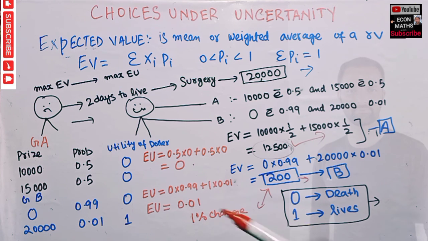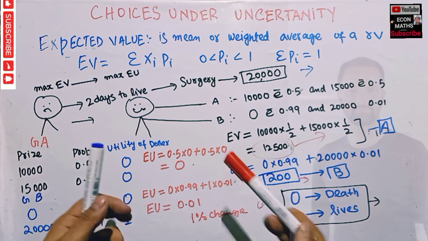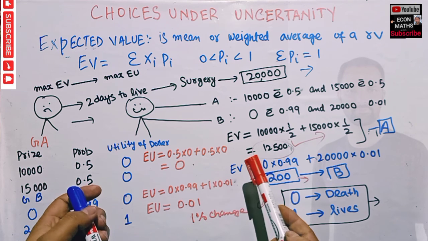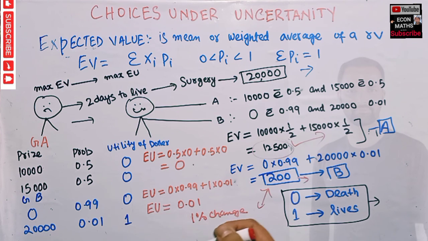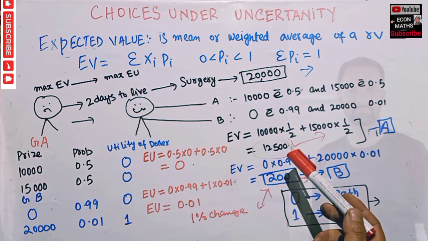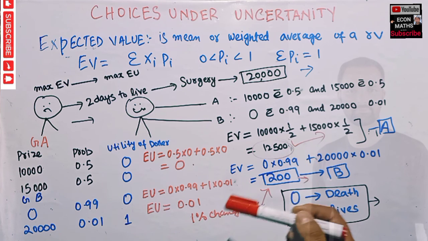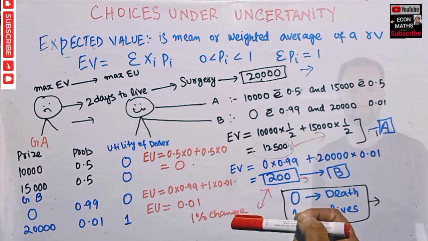So the point that I want to make here is that when making decisions in situations involving uncertainty, as in this example, people do not simply choose the option that maximizes their expected monetary payoffs. They also evaluate the utility of the payoff.